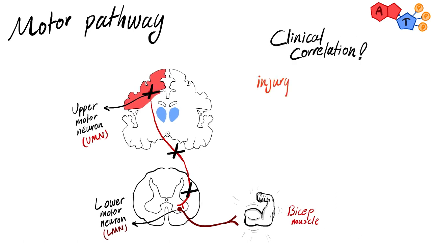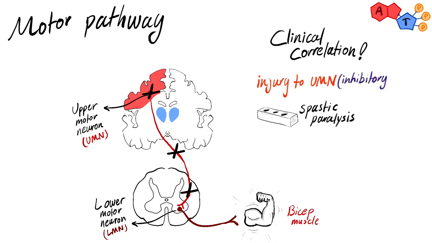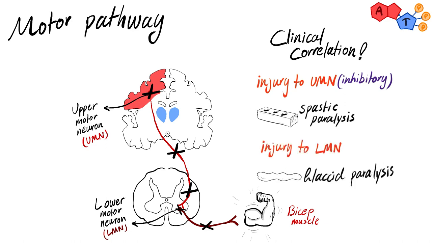Now, injury to upper motor neuron will result in spastic paralysis because upper motor neuron has a net inhibitory effect. So if you lose upper motor neuron, you lose this effect and the result will be spastic type of paralysis. On the other hand, lower motor neuron injury will result in flaccid paralysis, since biceps, like in our example, will not be getting electrical impulses anymore telling it to contract.